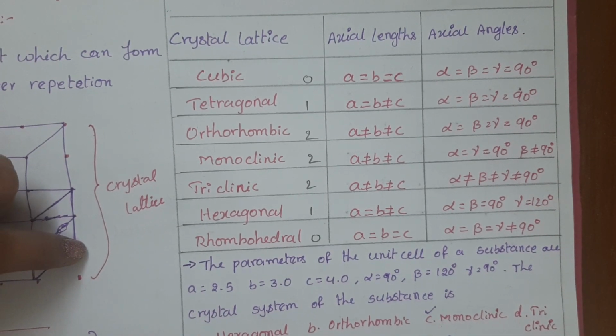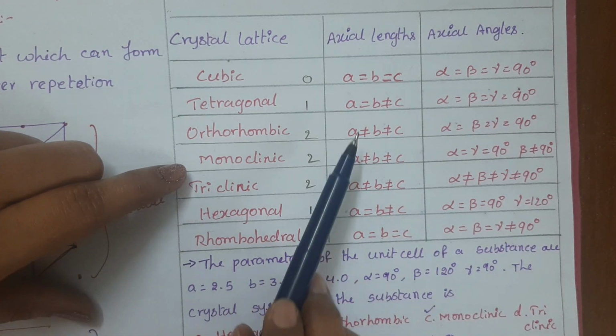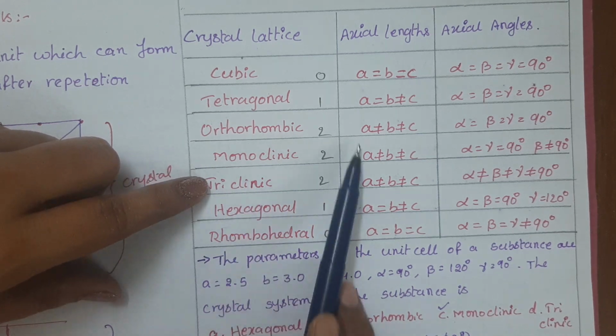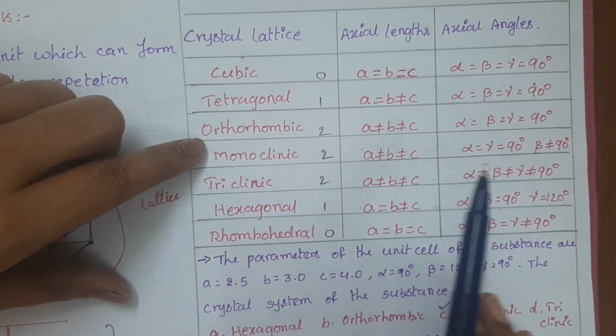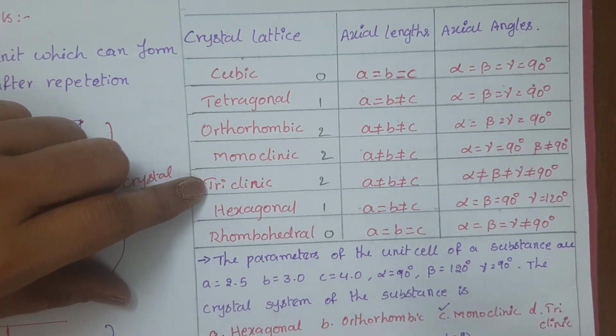The first one is unequal edge lengths. It is nothing but a is not equal to b is not equal to c, which again means orthorhombic, monoclinic and triclinic. From these three only we have to select. And here all angles are different from 90 degrees, meaning they are not equal to 90 degrees. So what is the answer?